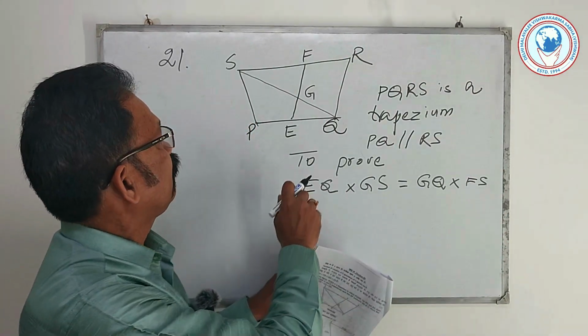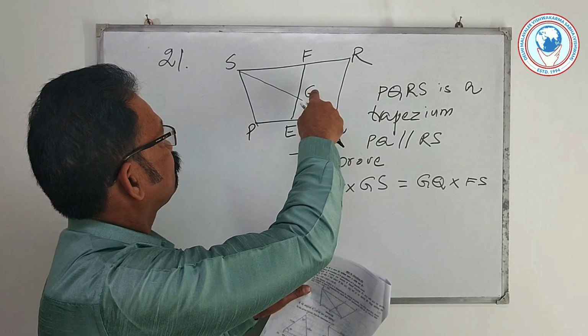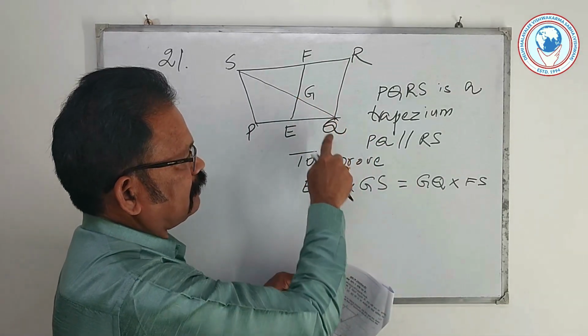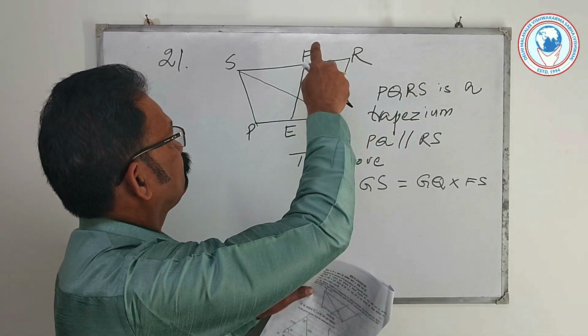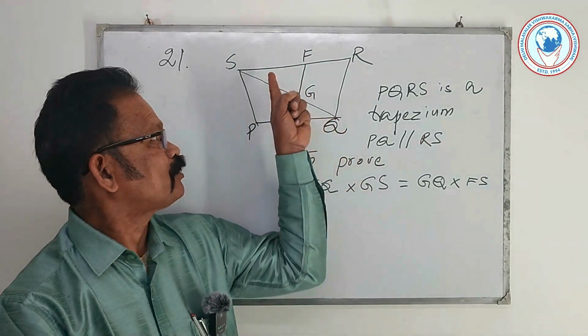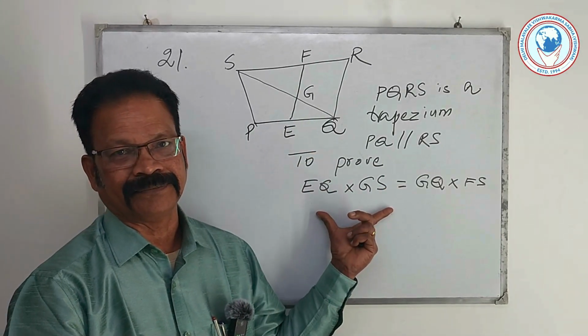So here EQ is this one, GS this, GQ this, FS this one. So here we have to consider these two triangles. So we will get all these sides.